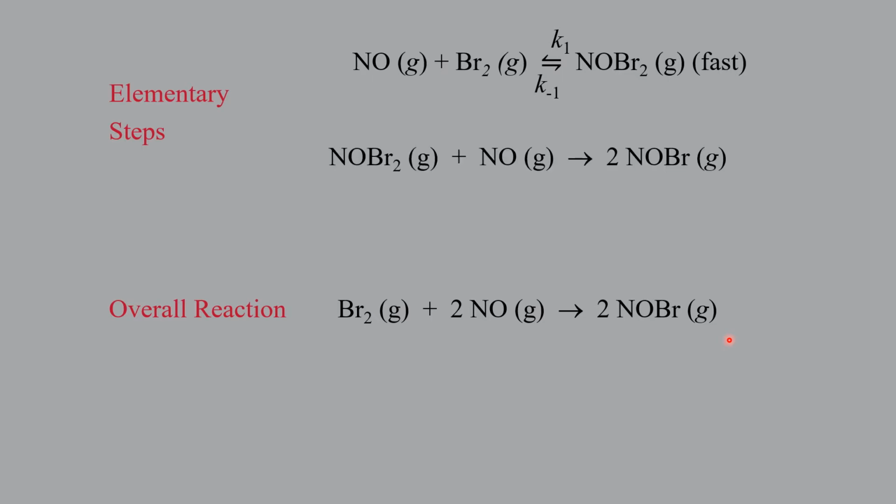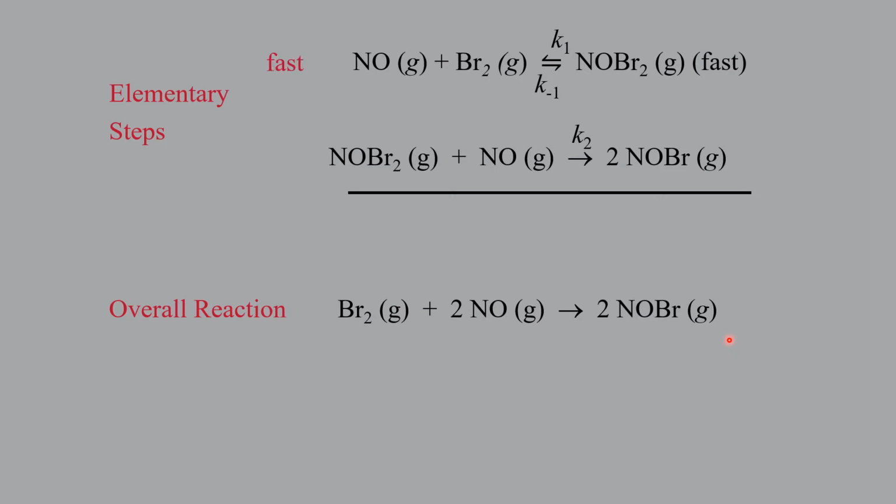And I'm going to propose that the second step is that the NOBr2 collides with a second NO to form two of these NOBr. And that one I'm going to propose is not really an equilibrium step, it just goes in the forward direction. And I will call the rate constant associated with that step K2.